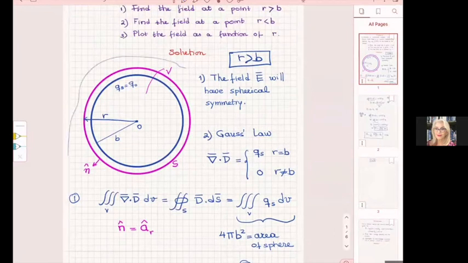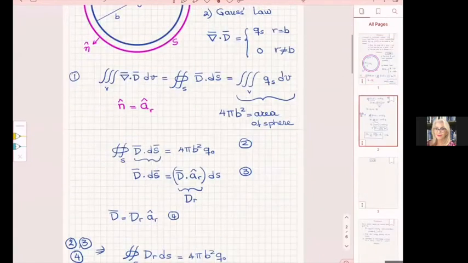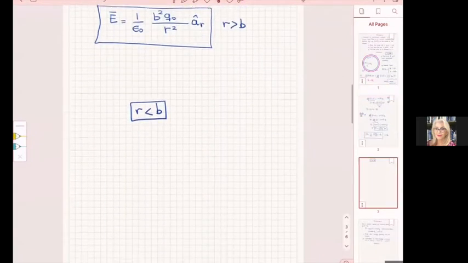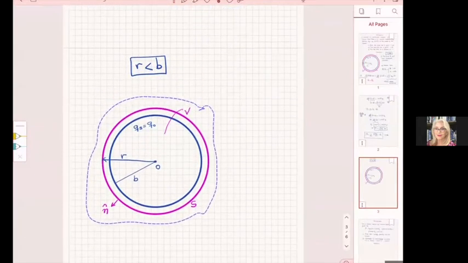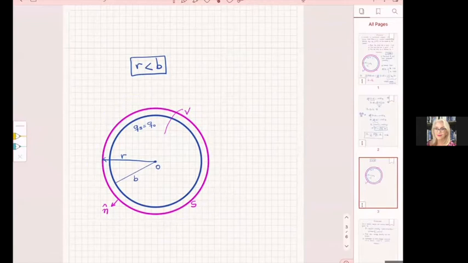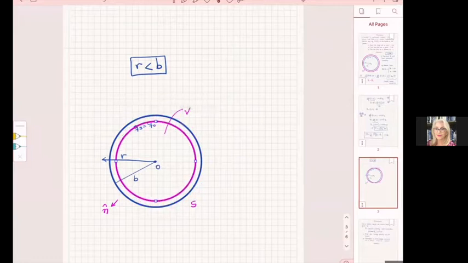I don't want to redo it. And then I will say copy. Go here, paste. And what I will do is to change the location of the pink surface. So I will take this and I will change its size to move it inside, okay?